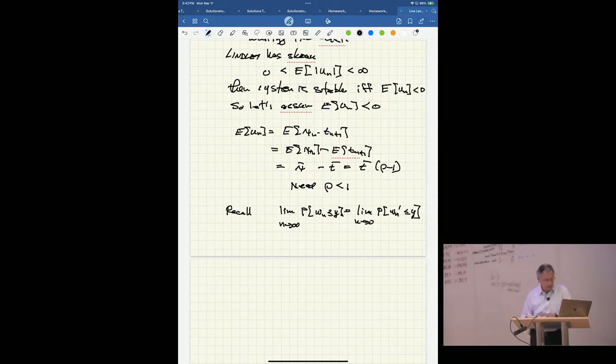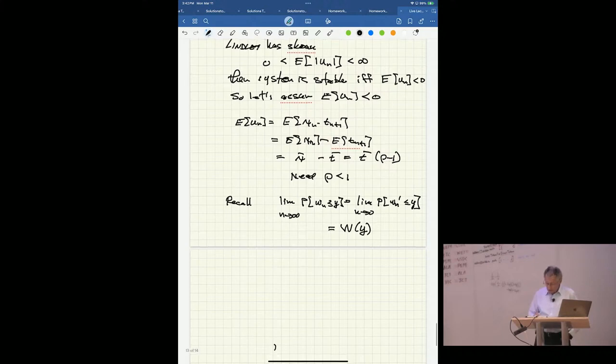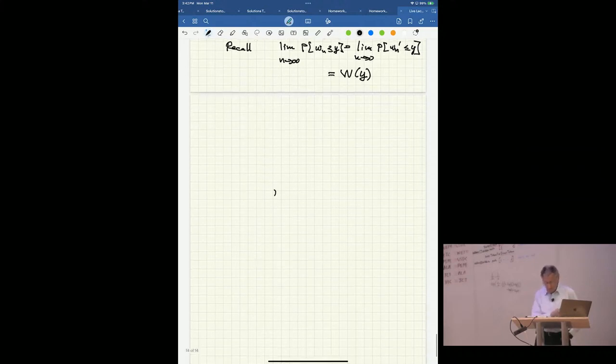Namely, you have the same distribution. And that limit, in both cases, is what we have been calling capital W of y, the baby we're after, the waiting time distribution for GG1.